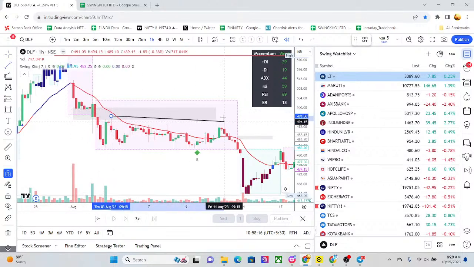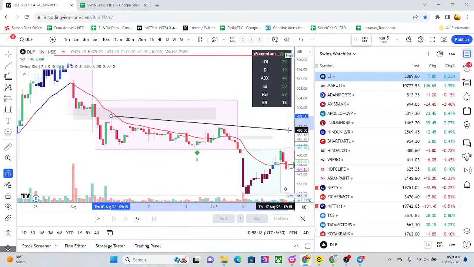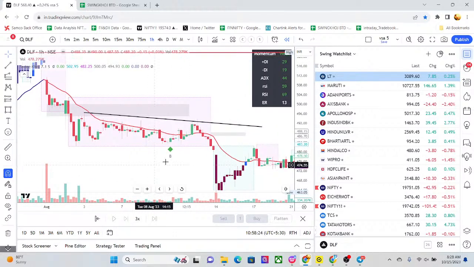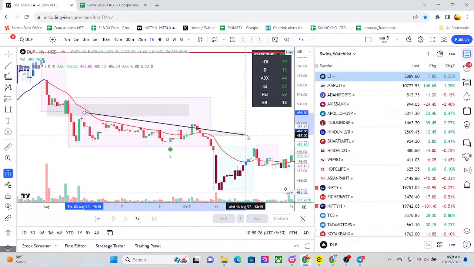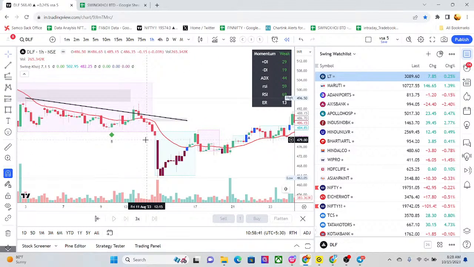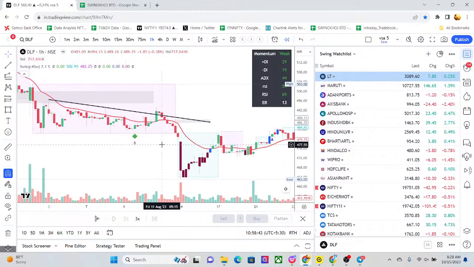For example, this is a good trend line, right? I go for this trend line, so this is a good entry. If you enter here, the stop loss is hit. The stop loss is below this low, so in this trade, we can say the stop loss is hit.